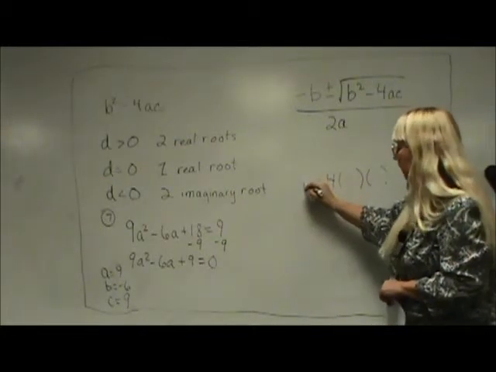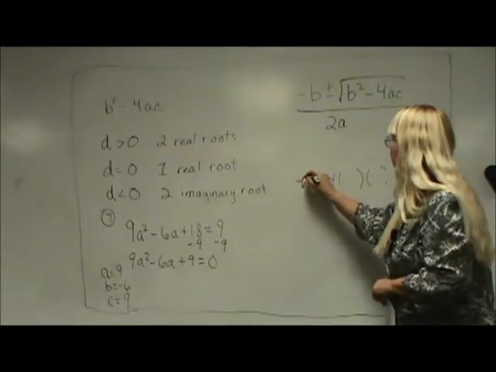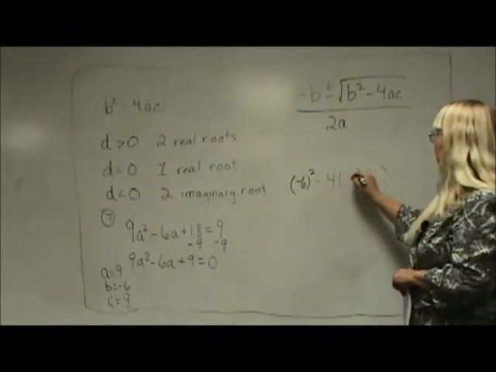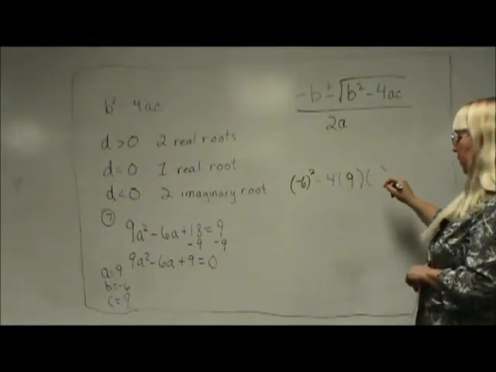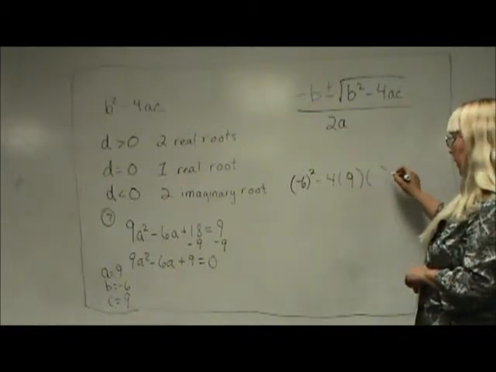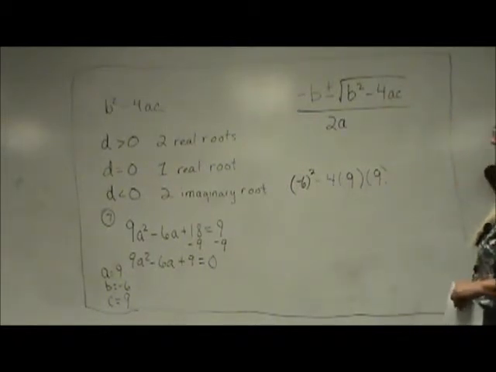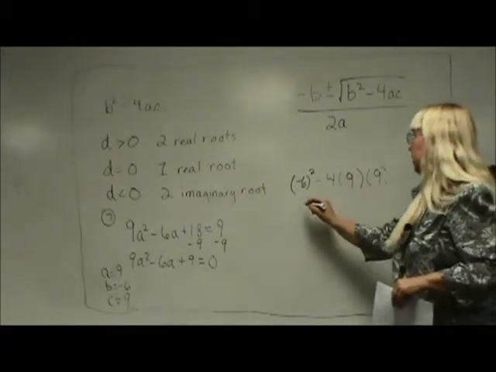So I have negative 6 squared minus 4 times 9 times 9, 36.